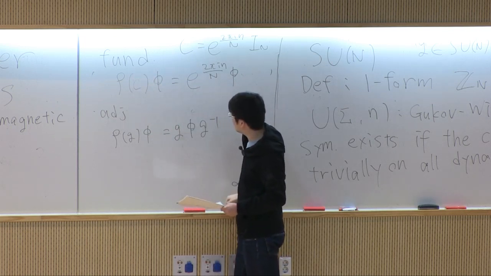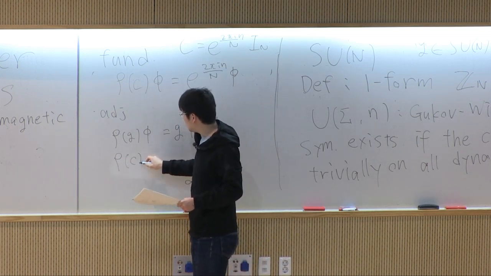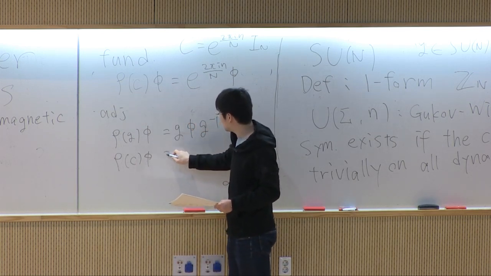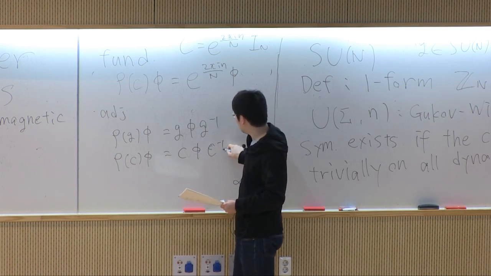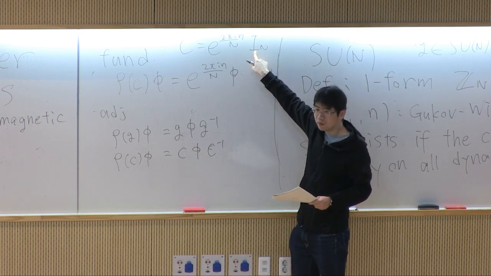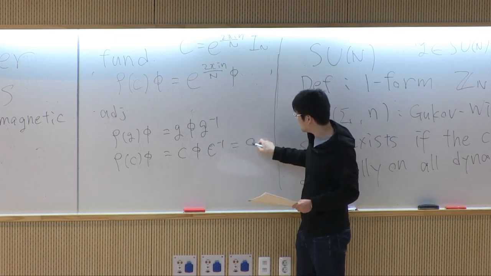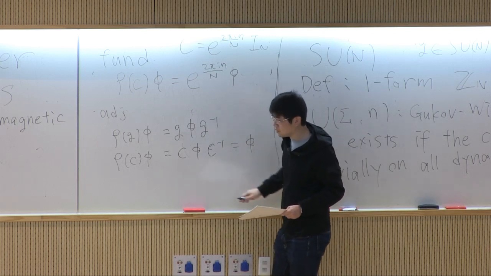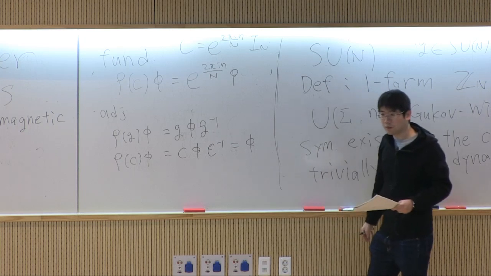If we take the center element C of the gauge group, then we have C phi C inverse, but C is proportional to the unit matrix. So C and phi just commute, so this is just phi. This is the meaning that the center acts trivially on the adjoint representation.